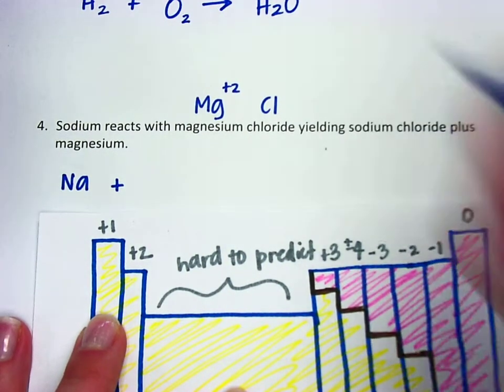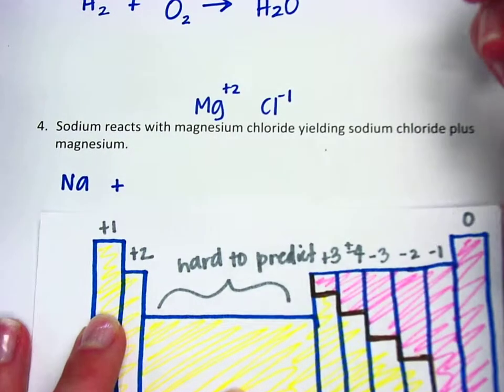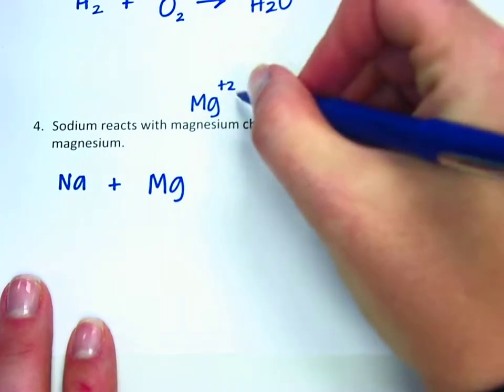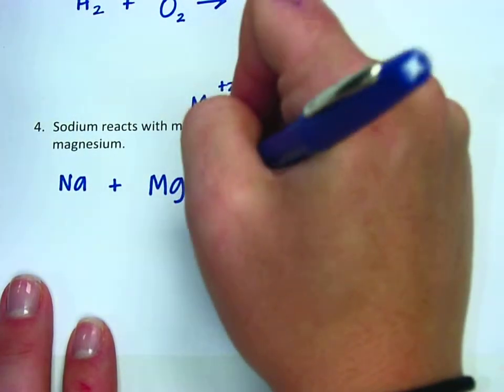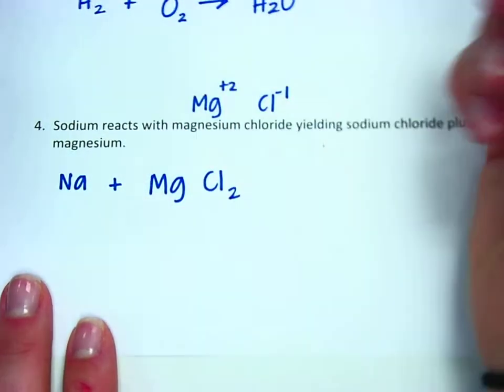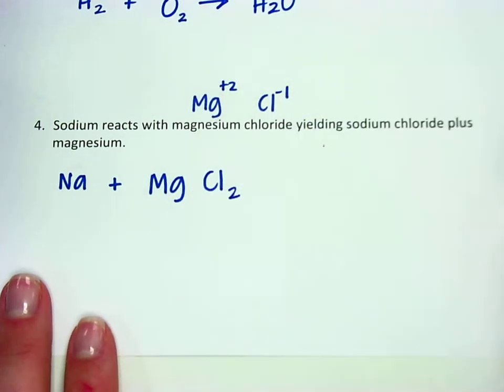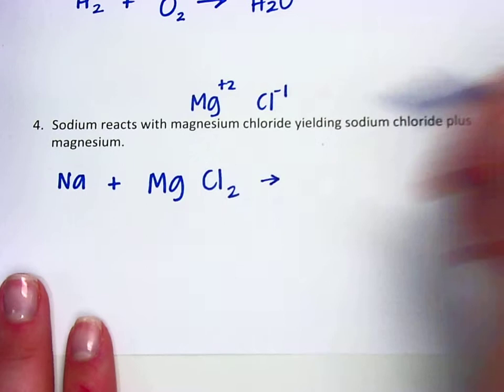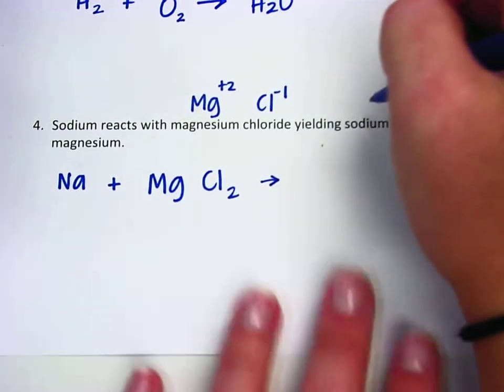Chlorine's in group 17, -1. So I'm going to crisscross. The 2 from magnesium will come down next to chlorine, and the 1 that was next to chlorine would come down next to magnesium.